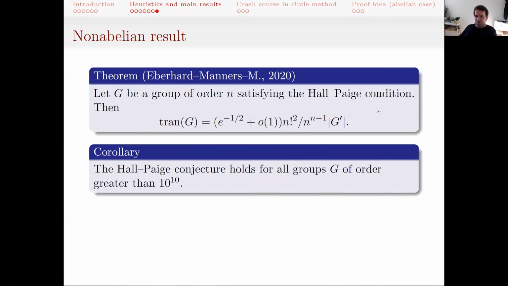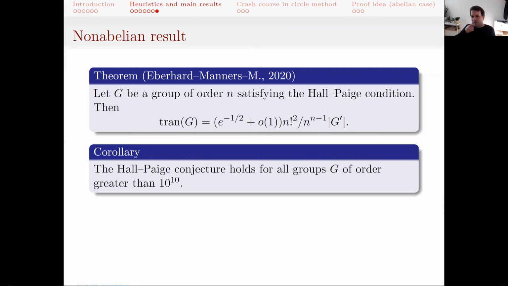If one is interested in proving the Hall-Paige conjecture, and pretends that we don't already know that it has been proven, one can use the result I just showed you for n large enough. Obviously, whenever this little o(1) is larger than minus e to the minus half, then this whole thing would be positive, and so that would mean that you have at least one transversal.